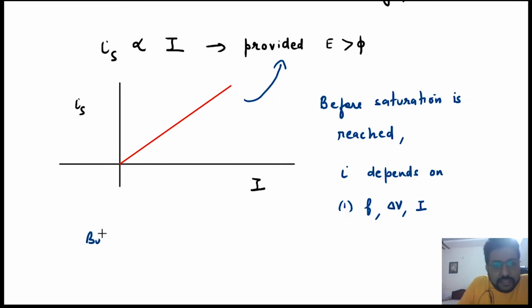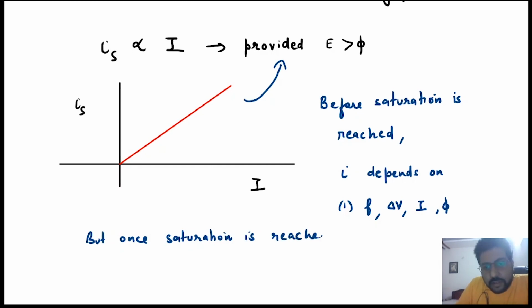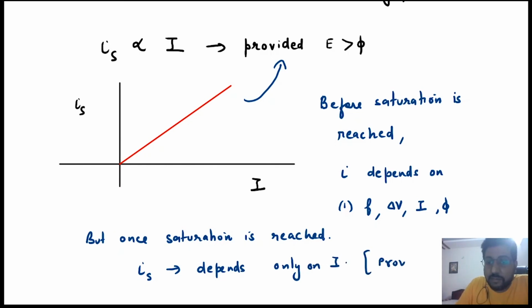But once saturation is reached, the saturation current depends only on intensity. Obviously provided, I am writing again and again so that you remember, E greater than the work function is necessary.